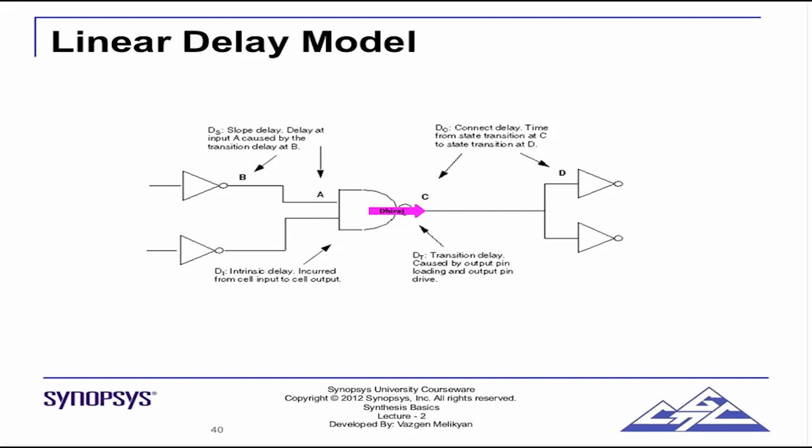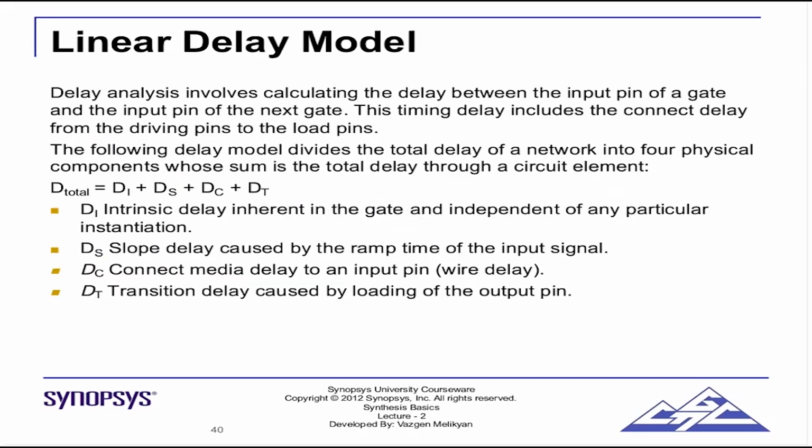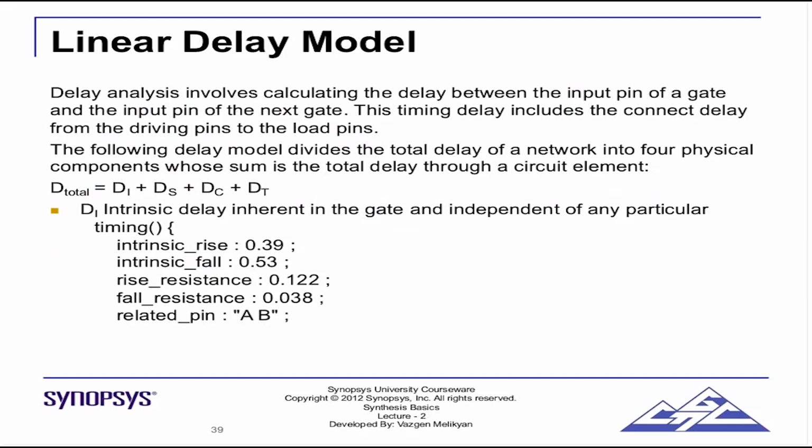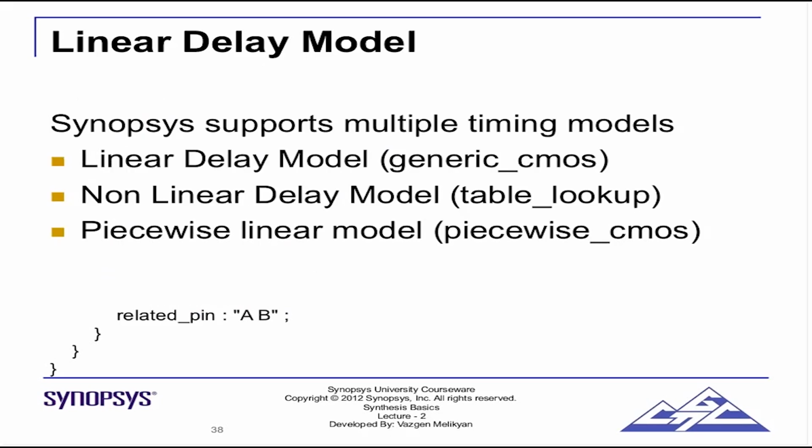Now let's look at the equation here. If you do not want to estimate wire delay, it will take wire delay to be 0. It will take the value of intrinsic rise and intrinsic fall. For the rise, it will take this, plus it will do some calculation with rise resistance.